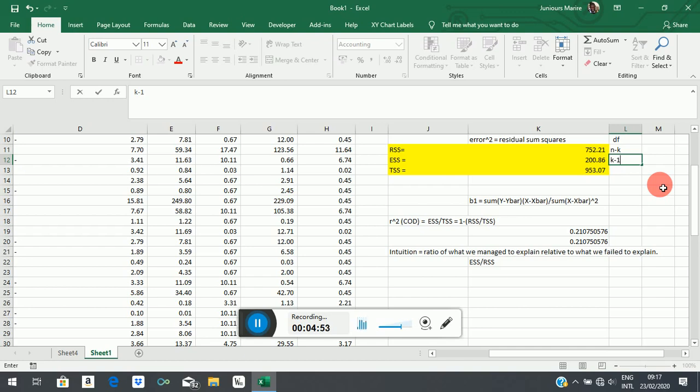So the slope coefficients are what we are interested in. They are the ones that tell us the impact of the explanatory variable on the dependent variable. So we take k less 1. Now, from what we have, this is 50 minus 2.